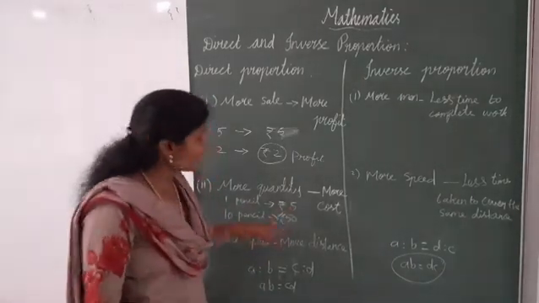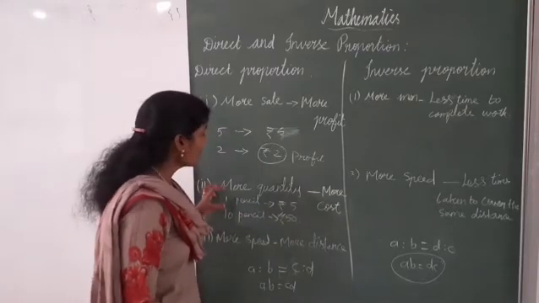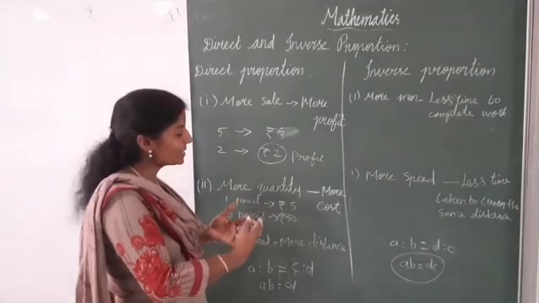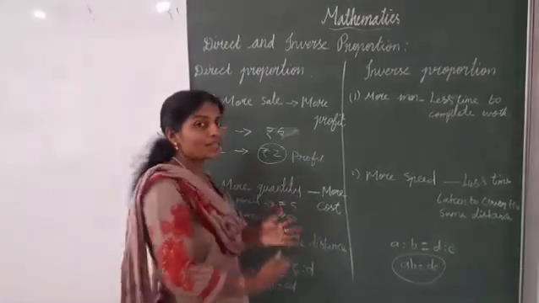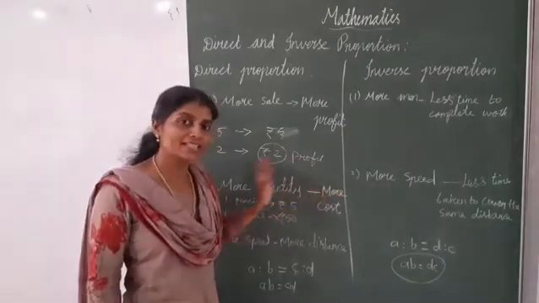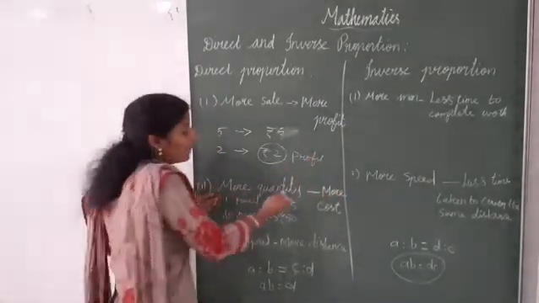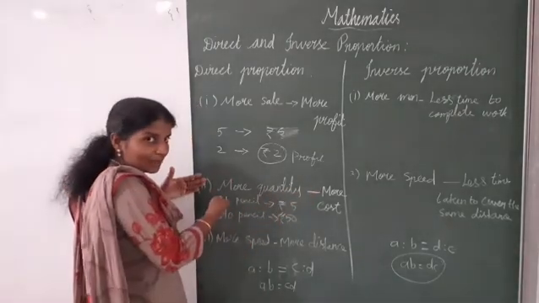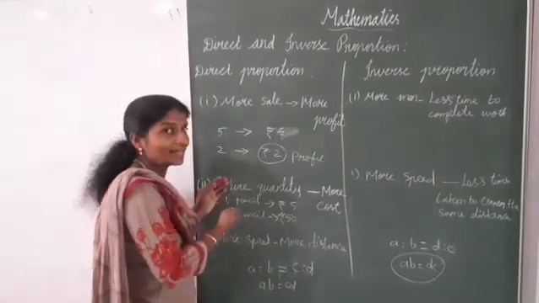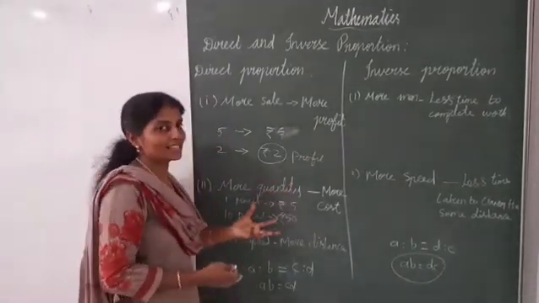More quantity, cost also more. So quantity increases, that amount also increases. Same direction. Quantity decreases, amount also decreases. Isn't it? Same direction. One decreases, that also decreases.